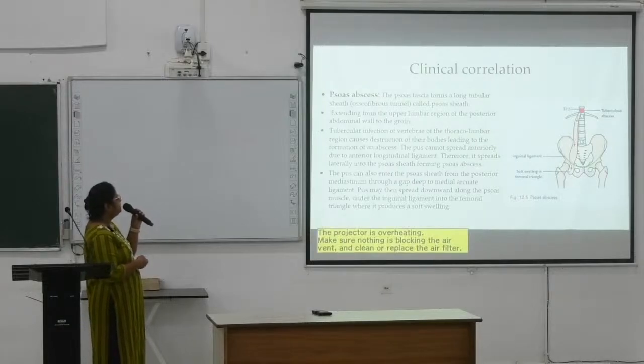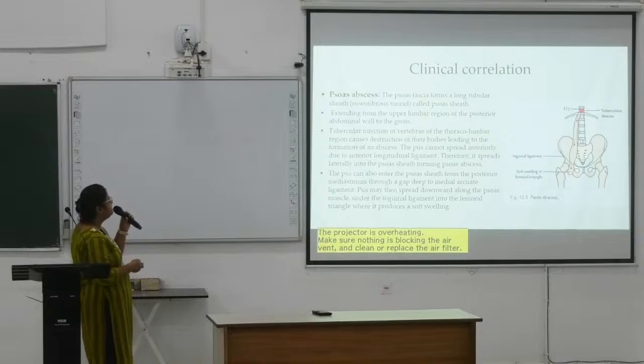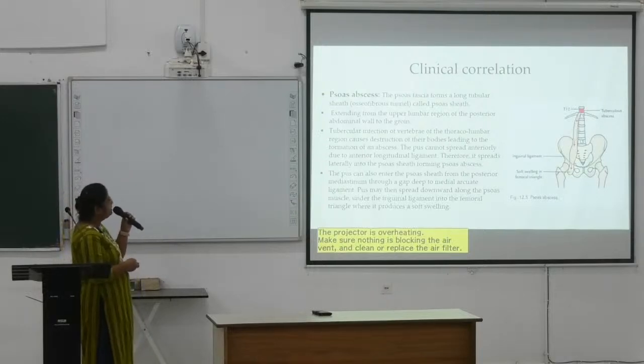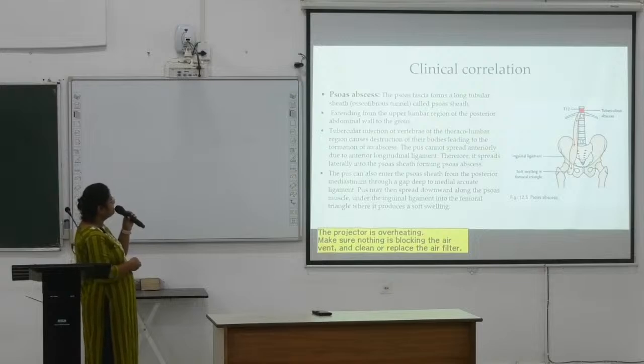Okay. And the pus can also enter the psoas sheath from the posterior mediastinum through a gap deep to the medial arcuate ligament, and pus may then spread downward along the psoas muscle under the inguinal ligament into the femoral triangle, where it protrudes as a soft swelling.